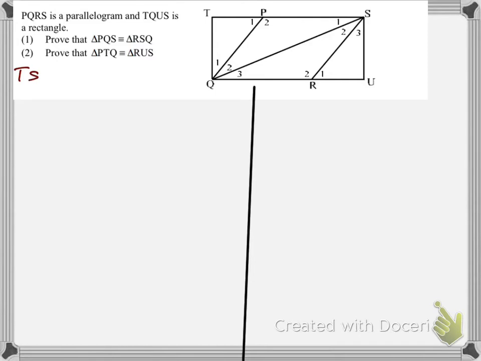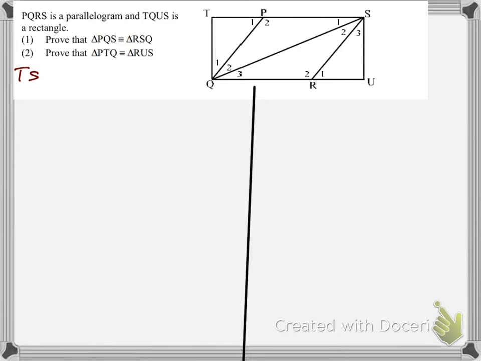Right, you see that this was, I think, question 13 in your quiz, which I asked you to submit as a PDF. So in this particular diagram, we are given that PQRS is a parallelogram and TQUS is a rectangle. So we are going to use that information first to populate the diagram, which can then assist us in proving the questions there.